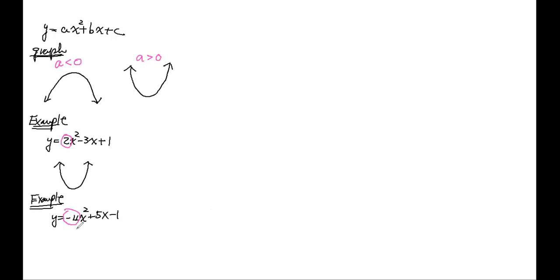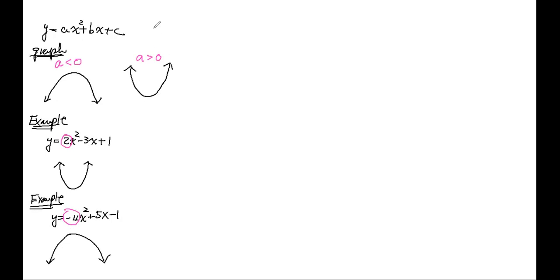So what does that tell you? That means when you graph it, this will be a function going open down. So that's the first thing. When you try to see the graph, you know whether it's going to open upward or downward.